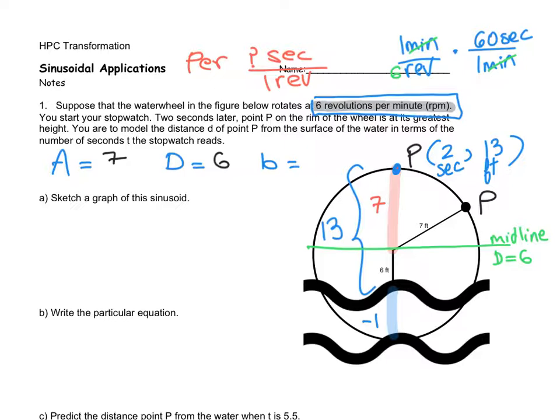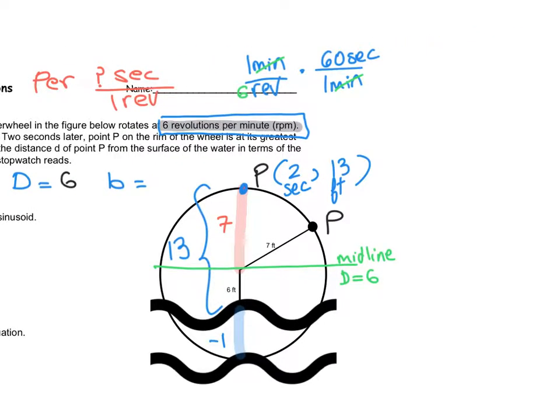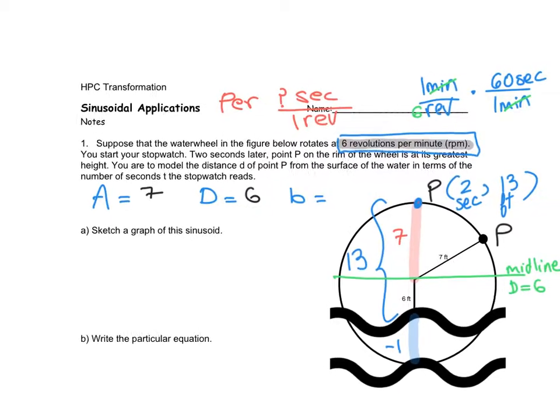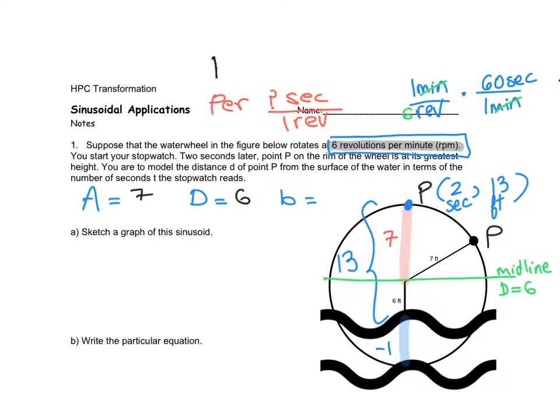The minute cancels out, so I end up having 60 seconds over 6 revolutions, which is 10 seconds per revolution. So every revolution takes 10 seconds. That's the period. The period is 10 seconds per revolution. So to find B, remember B is 2 pi over the period, so that's going to be pi over 5.